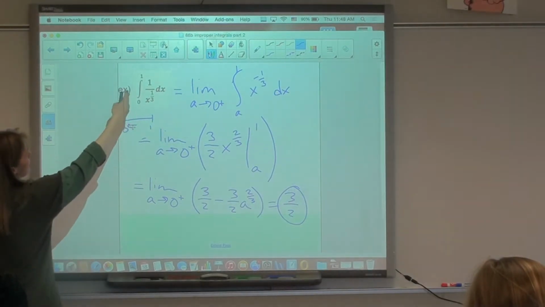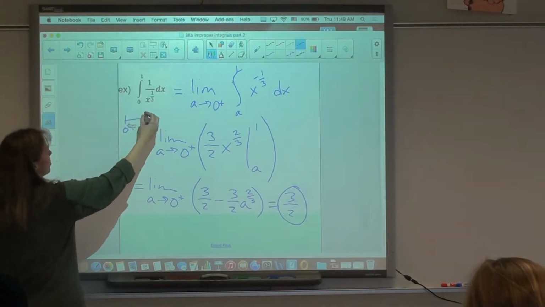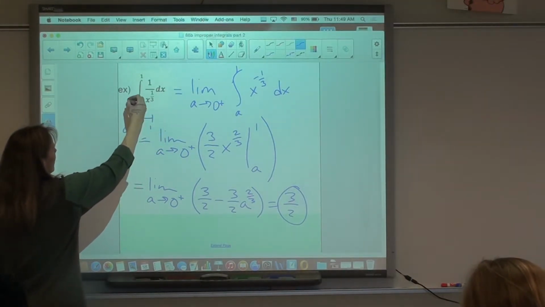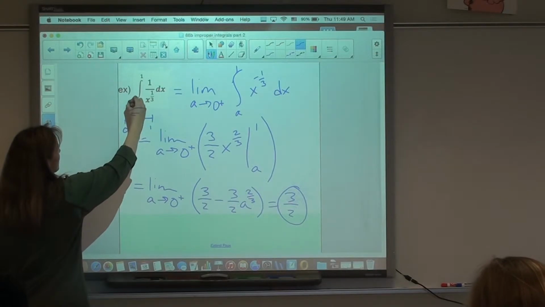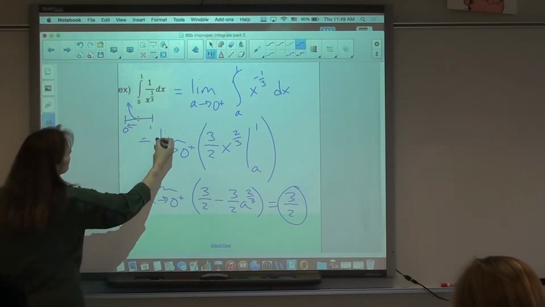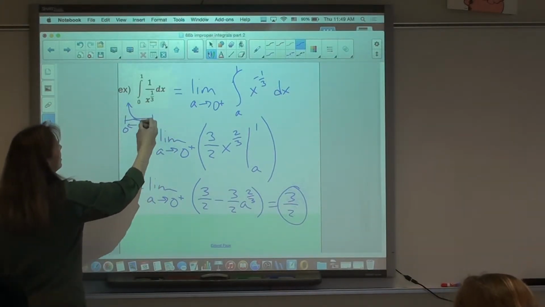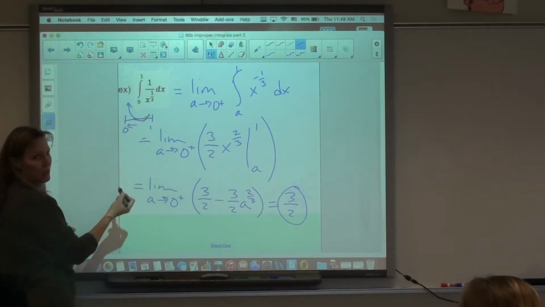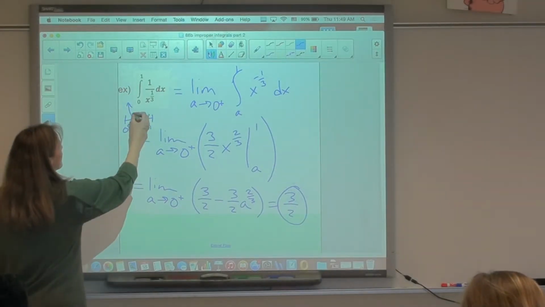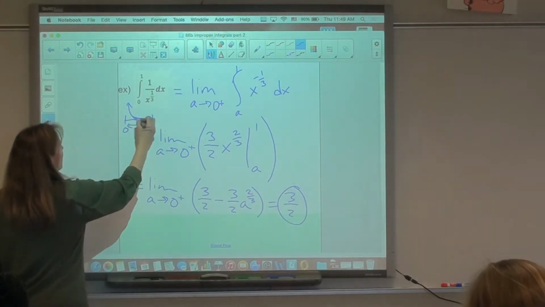Like if we think of the way that this function looks, it's got some sort of an asymptote there, right?